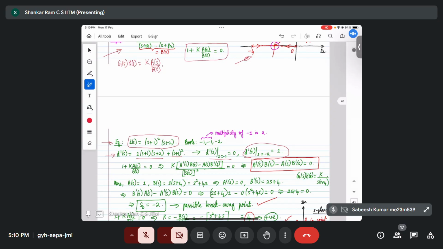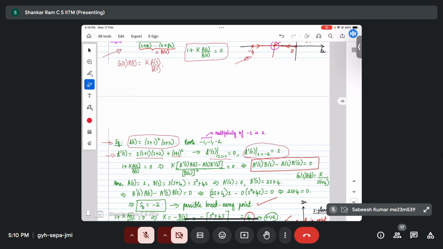I hope this point is clear. In other words, if a root of a polynomial repeats twice, not only is the polynomial 0 at that value of s, but the first derivative of the polynomial with respect to s is also 0 at that value of s. You and I are going to leverage this concept to our advantage.